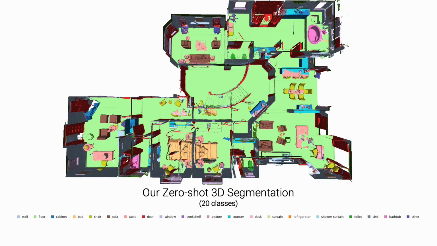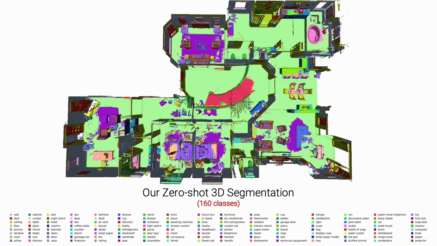This approach performs fairly well on common furniture classes. However, it really shines when the label set is larger and contains tail classes with few examples in typical training sets. For example, it finds the pool table in the house.